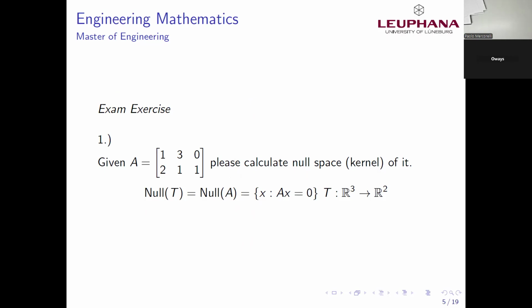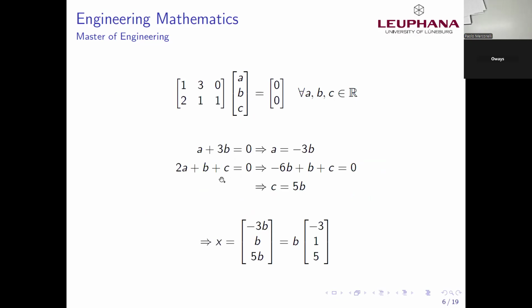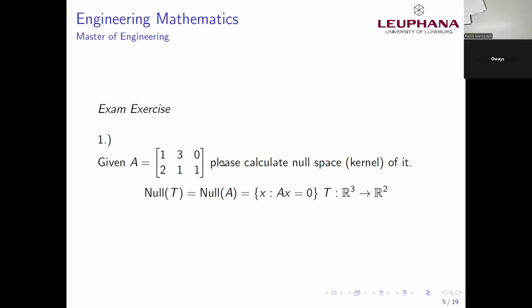Given A a matrix, which states a transformation. Why does a matrix state a transformation?